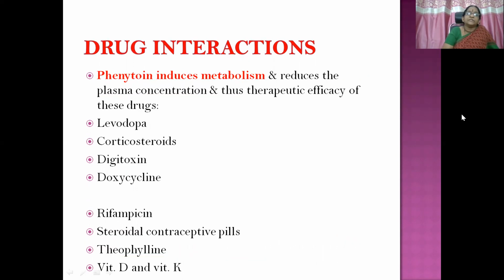Drug interactions. Phenytoin induces metabolism and reduces the plasma concentration and the therapeutic efficacy of other drugs like levodopa, corticosteroids, digitoxin, doxycycline, rifampicin, steroid contraceptive pills, theophylline, etc. Vitamin D and vitamin K. That's why we can see vitamin D and vitamin K deficiency with phenytoin.